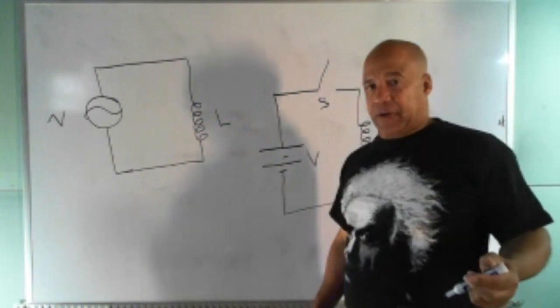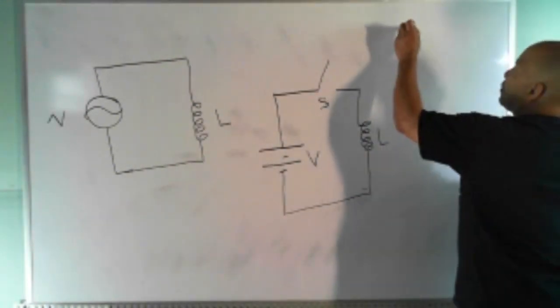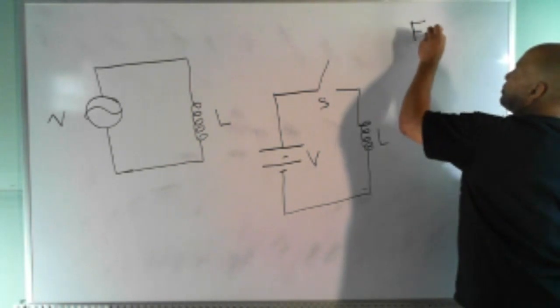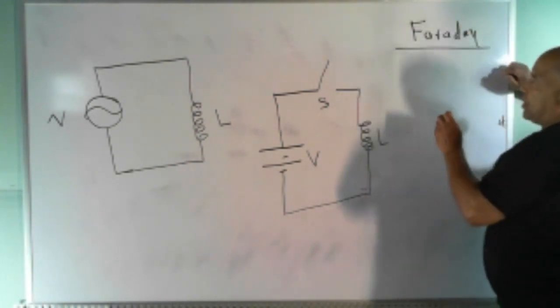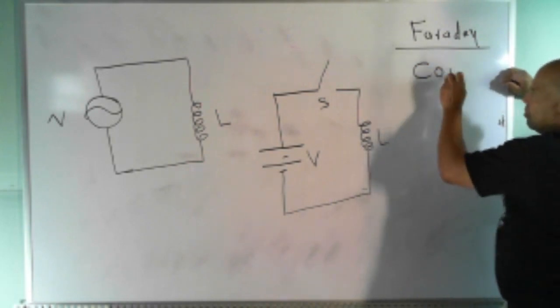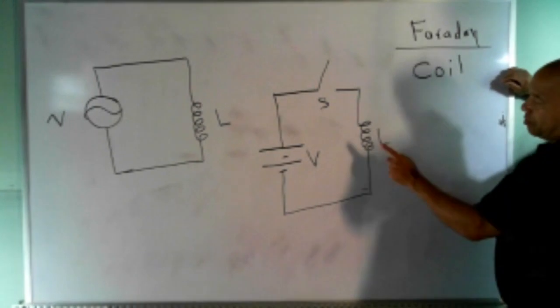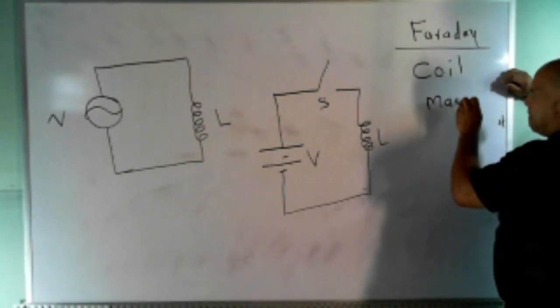You have to remember Faraday's law. Faraday says that if I want to induce a voltage, I have to have three things. I have to have a coil or a conductor. I've got that. I have to have a magnetic field.